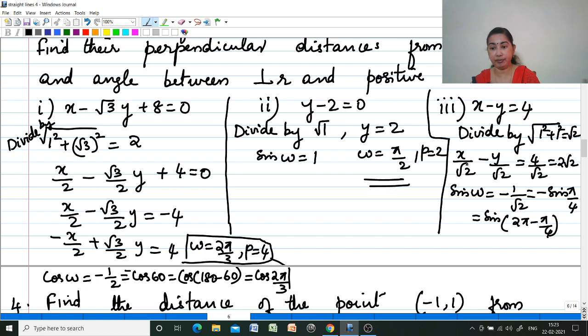Cos omega should be 1 by root 2 and sin omega should be minus 1 by root 2. Only in this case we will get sin omega as minus 1 by root 2 and cos omega as plus 1 by root 2, and that is 8 pi minus pi over 4, 7 pi by 4. So omega is equal to 7 pi by 4 and distance is equal to 2 root 2.